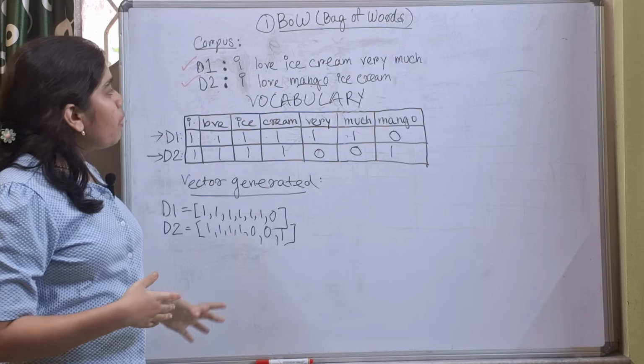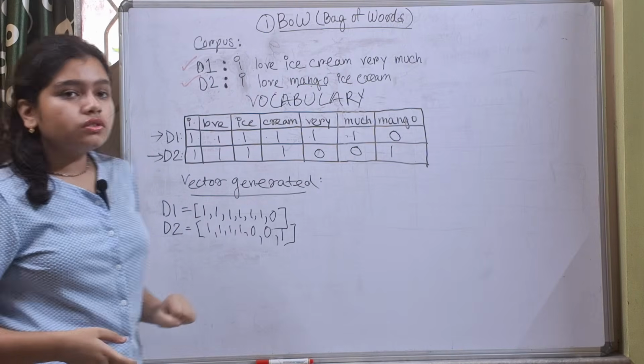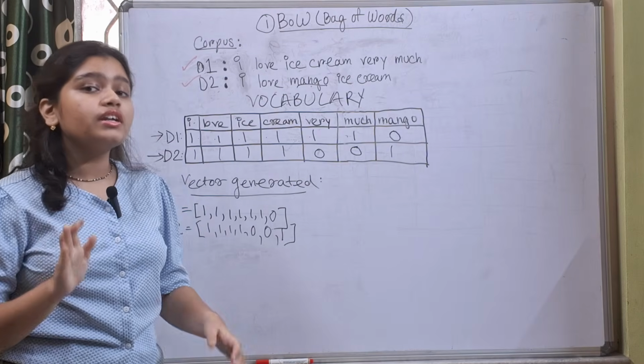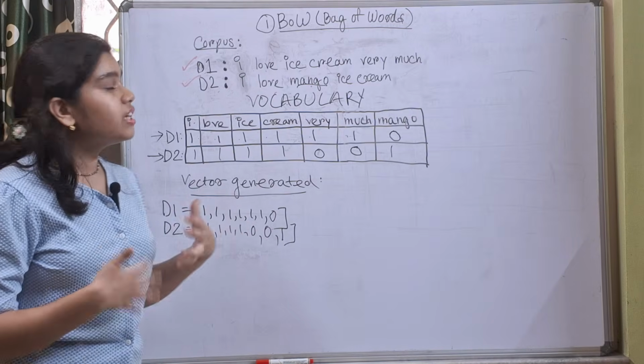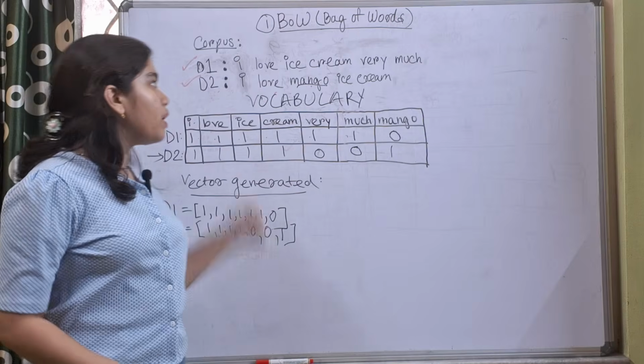All the less important words like love, I, these words are getting more weightage in bag of words. There is no distinctiveness that this word is more important or that word is more important.